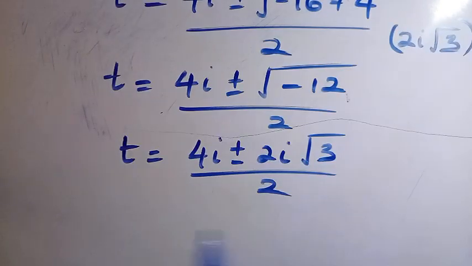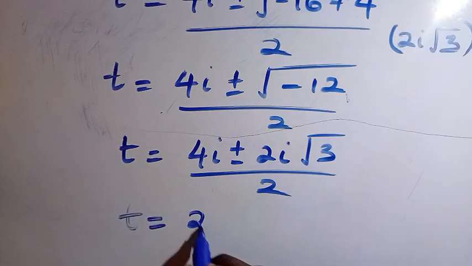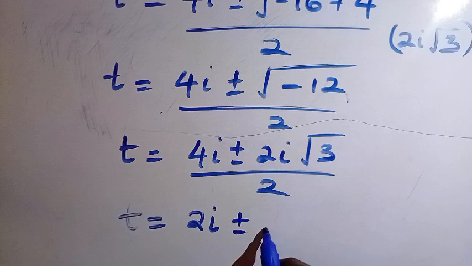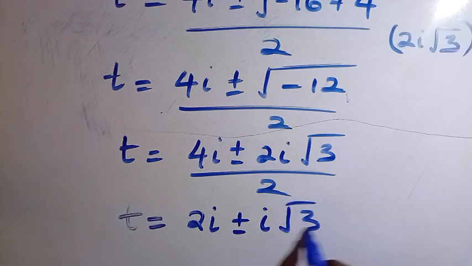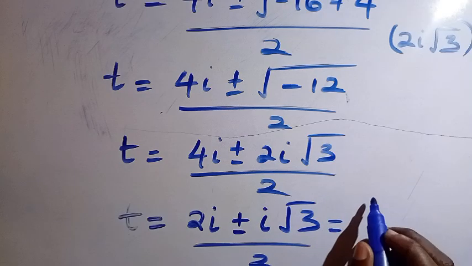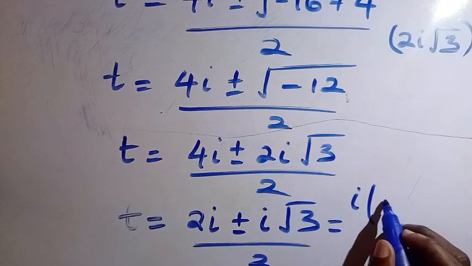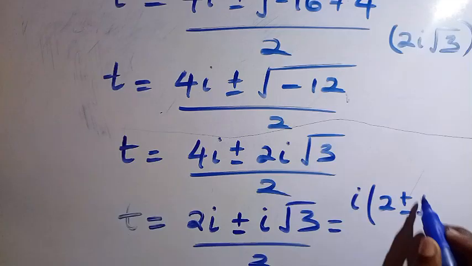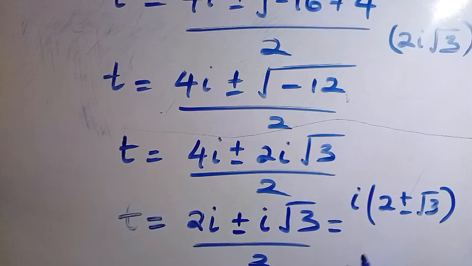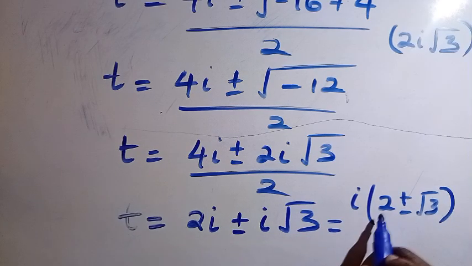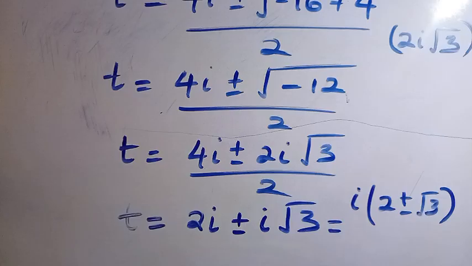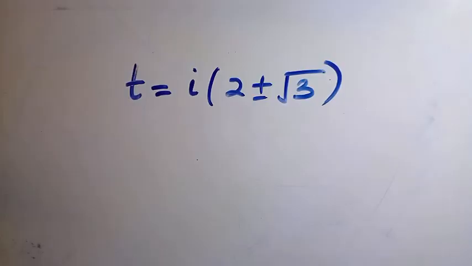This can be reduced to t equals 2i plus or minus i root 3. Or we can simply factor out i, and this is 2 plus or minus root 3. So this 2 has been reduced, so we don't need it again. We just rewrite it in this form. So we got t as i times the bracket 2 plus or minus root 3.